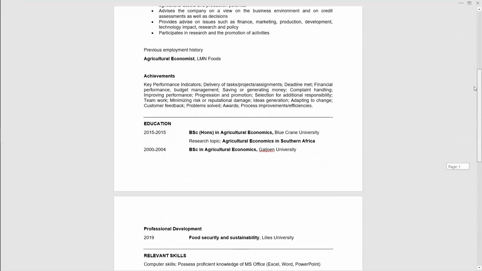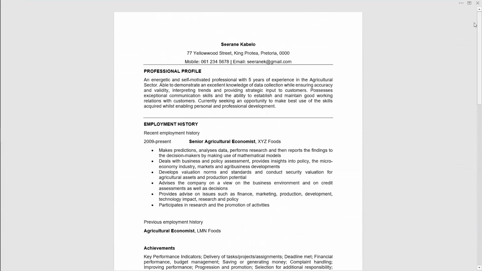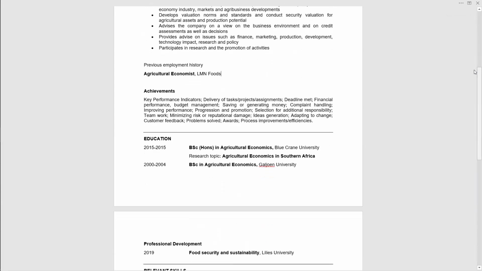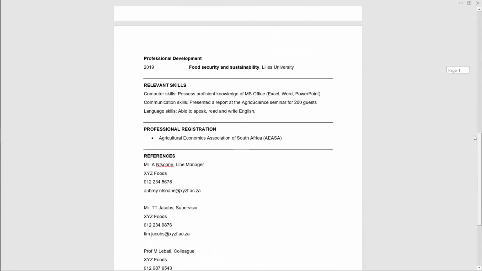Before you submit your CV, just use apps like Grammarly to check for any spelling errors. Spelling errors on the CV, guys, are very bad. They give the employer the impression that your work is very sloppy. So at all times, do avoid spelling errors as well as any grammatical errors.